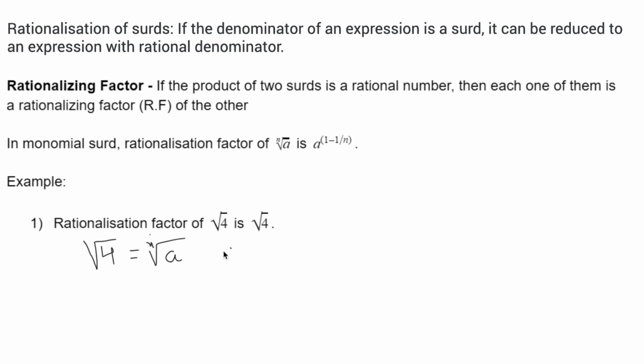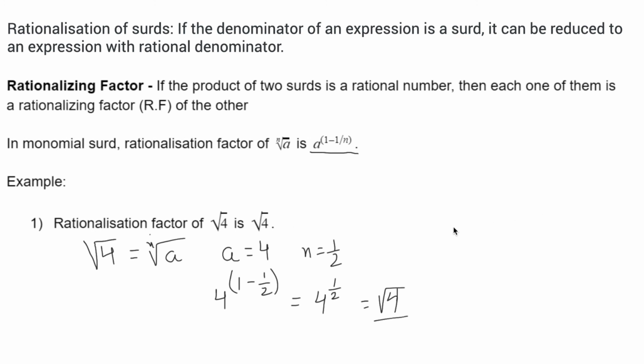Here you can clearly see a is 4 and n is equal to half. As per the formula, the rationalization factor is a to the power 1 minus 1 by n, which means 4 to the power 1 minus 1 by 2, which is equivalent to 4 to the power 1 by 2. And 4 to the power 1 by 2 can also be written as under root 4. So the rationalization factor of root 4 is under root 4.